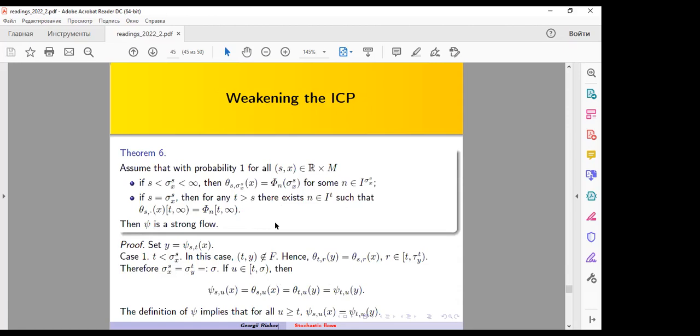Now, assume that if the hitting was after time S, then we must arrive at the skeleton at time sigma.